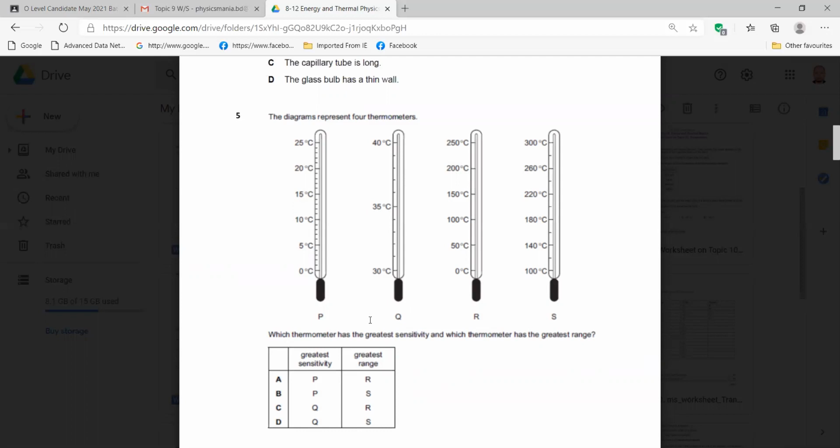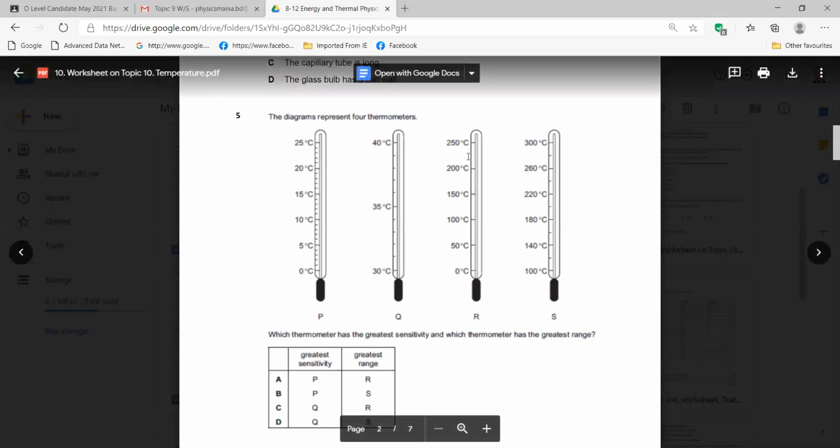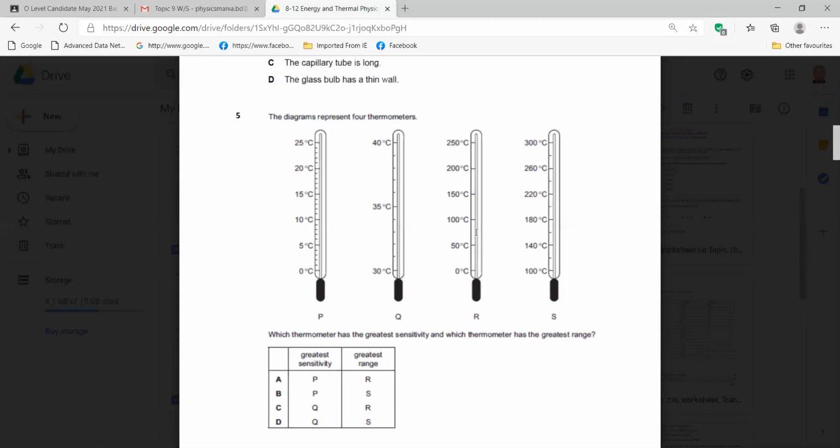Why? Because from the definition of sensitivity, we understand that if you are increasing 1 degree Celsius, like 30 to 31, then the liquid thread is increasing here most. Right? Yes, sir. Like for this one, from 30 to 31, it will go a very little change, right?